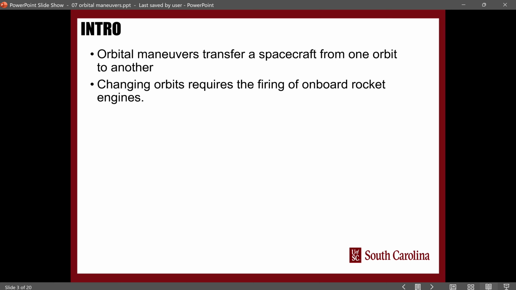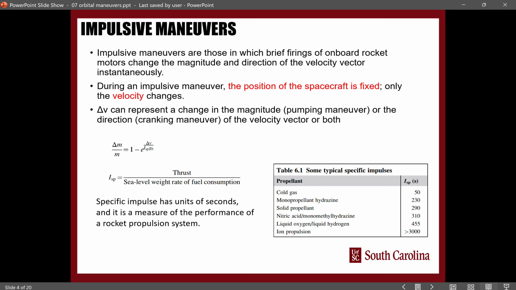Exactly. So you have to change the energy of your orbit again. If you don't do that, you are going to orbit around the sun. You are not going to be orbiting with Mars around the sun. That's the idea. So the point is, we have to have impulsive maneuvers. And what do you mean by impulsive maneuvers?